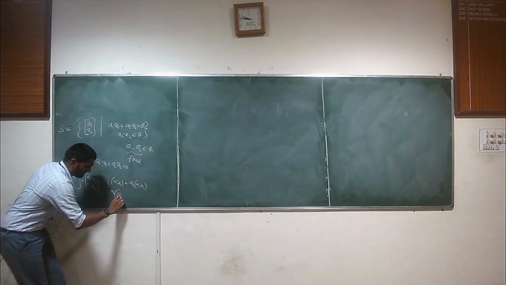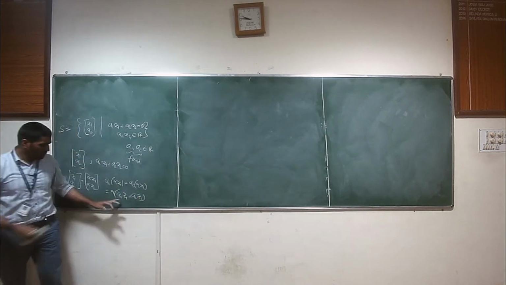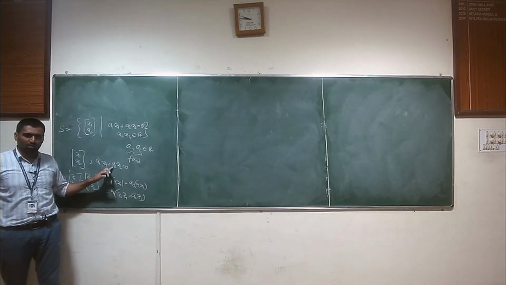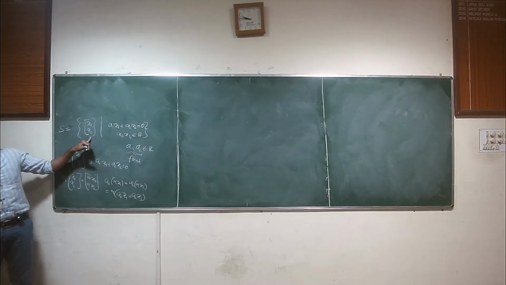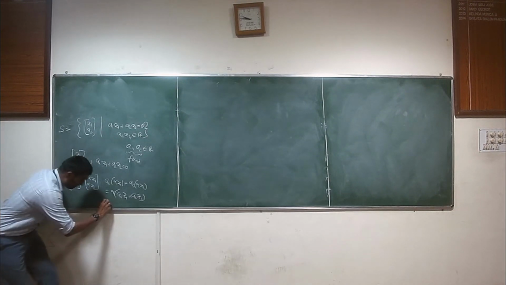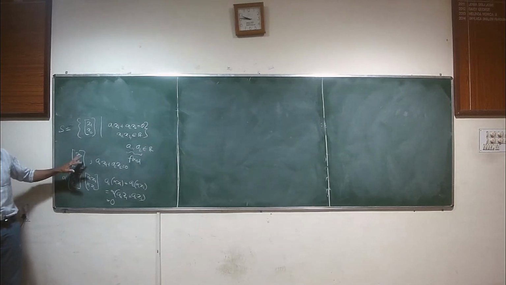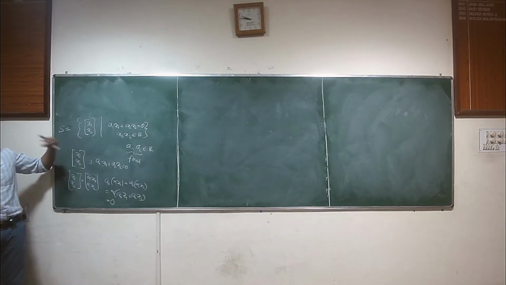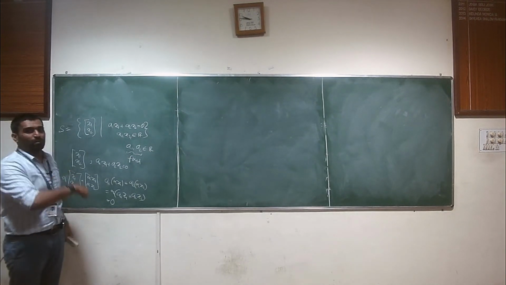This is alpha times a1 x1 plus a2 x2. But I know a1 x1 plus a2 x2 is 0 because the original vector came from this set. That means this is alpha times 0, which is 0. It looks like this set is closed under vector scaling. Is that clear?